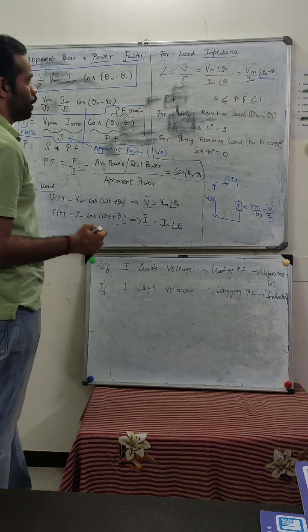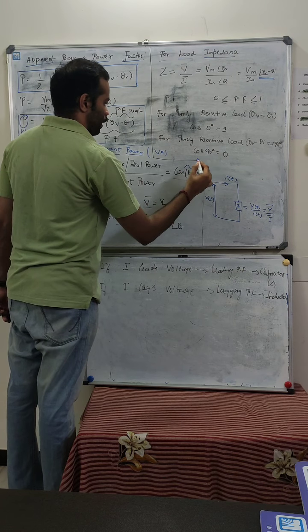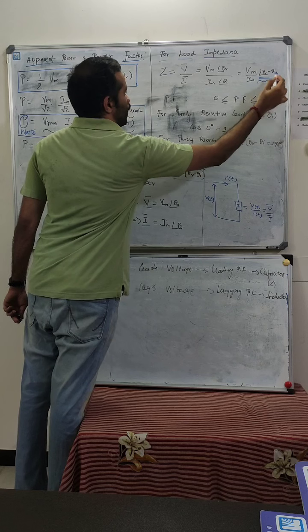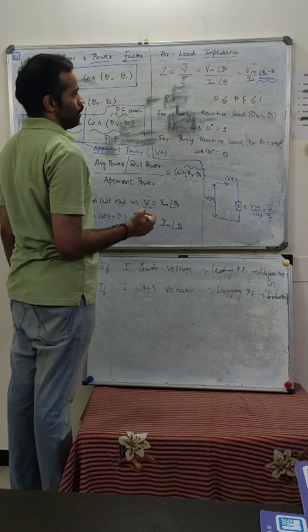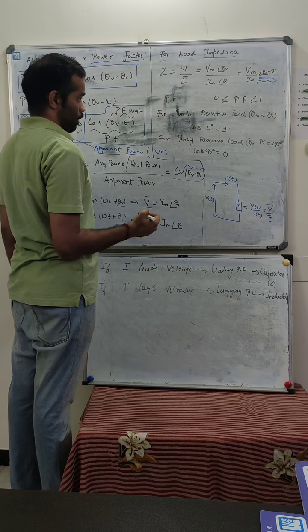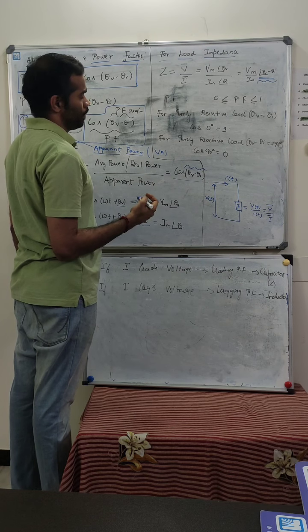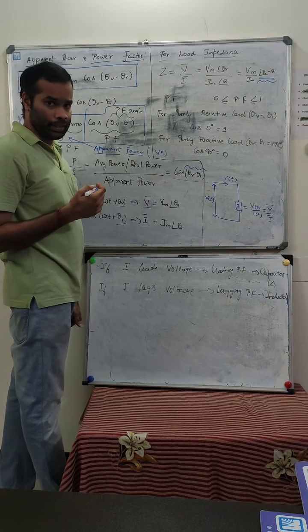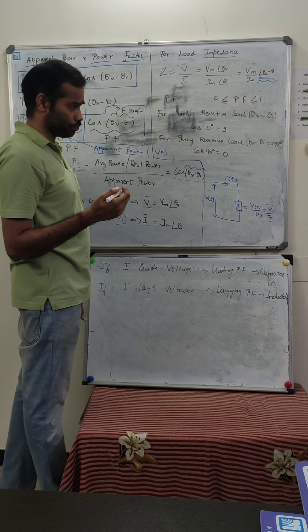So here, whenever you relate the angle, the power factor angle and the angle of your load impedance, both angles measure the difference. That difference is brought in by the concept of the impedance triangle, which we will be discussing in a later class when we study the power triangle.